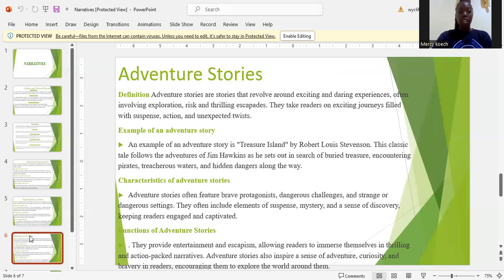They provide entertainment and escapism, allowing readers to immerse themselves in thrilling and action-packed narratives. Adventure stories also inspire a sense of adventure, curiosity, and play in readers, encouraging them to explore the world around them.